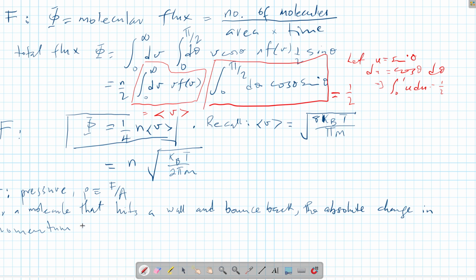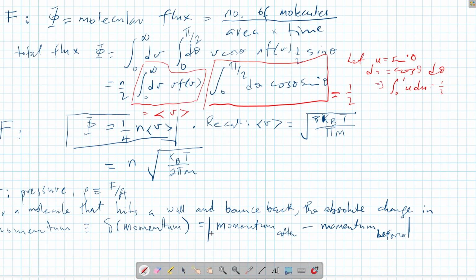If we call that delta momentum, this is going to be equal to the momentum after hitting the wall minus the momentum before hitting the wall. We want the absolute value.